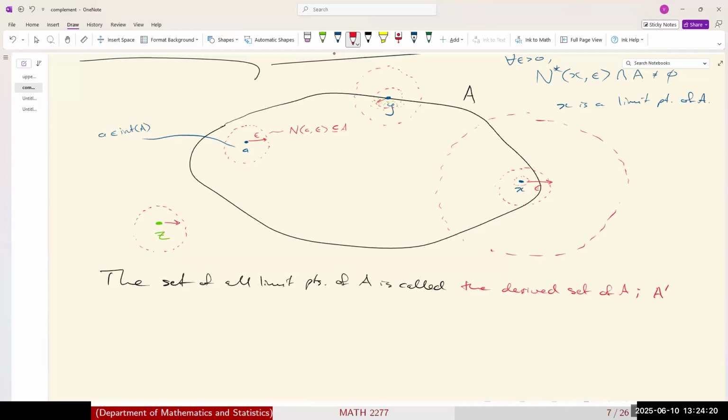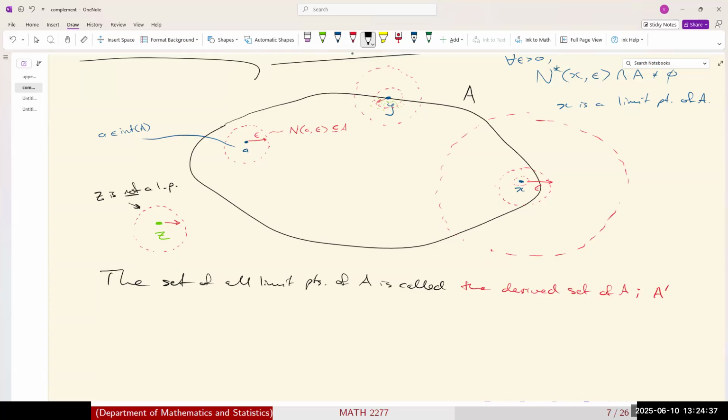Does this neighborhood contain any point of A? No, there's no point of A in this neighborhood. So this guy, Z, is not a limit point.